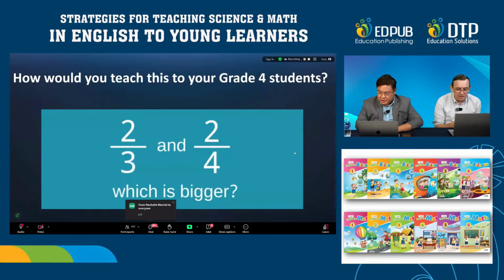Chris, what do you think? 2/3 is bigger than 2/4. Okay, so we're all adults. We kind of know. But for a child, everything they've learnt about numbers, the 4 is bigger than the 3, so that must be bigger, right? So how can we express this?